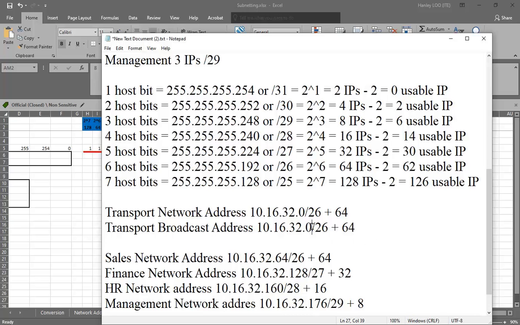Minus 1 will give me 63, which will be the broadcast address for the transport group.